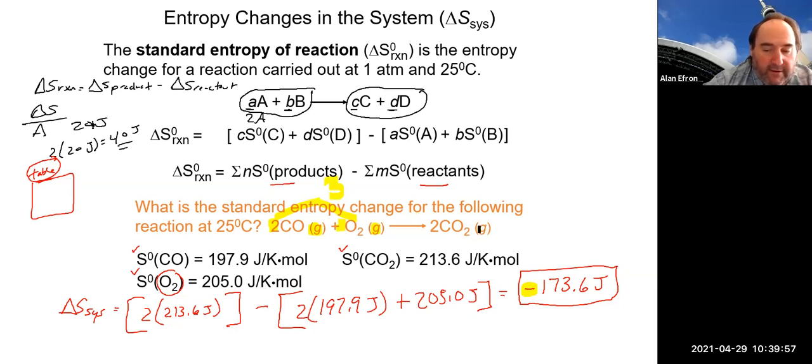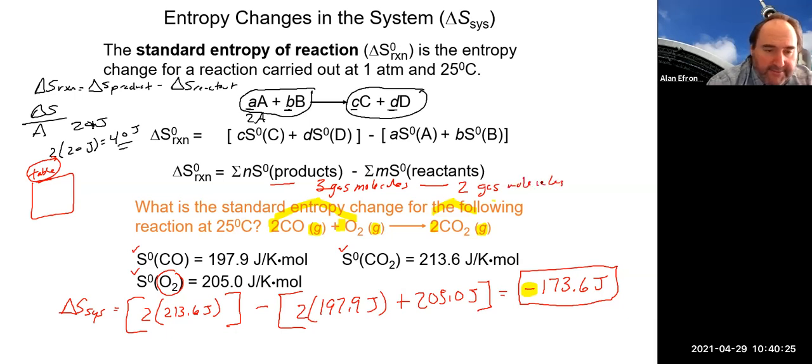We look over here on our product side, we have 2 gas molecules. So in this reaction, we are going from a system where we started with 3 gas molecules to a product side, or a final state, where we ended up with only 2 gas molecules.